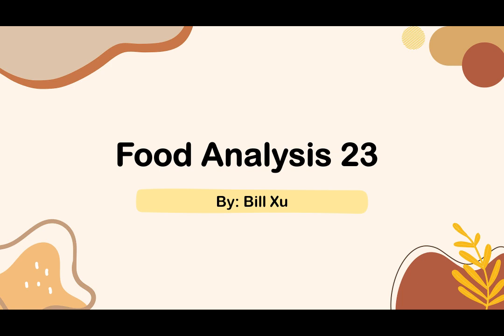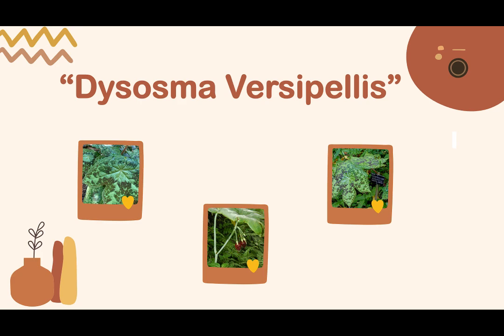Today I'm going to talk about our next herb, from traditional Chinese medicine. This herb is called Dysosma versipellis. It is such a hard word to pronounce, so in the rest of the class we'll use DV instead of Dysosma versipellis.